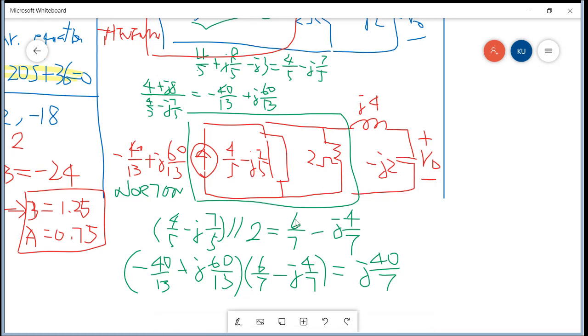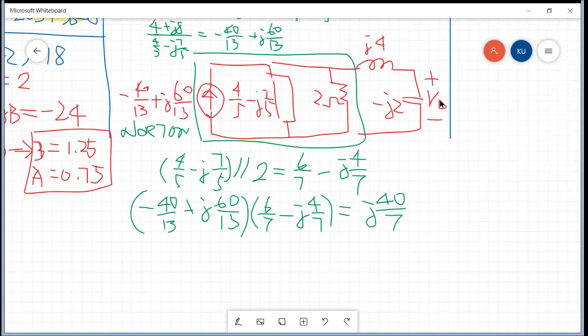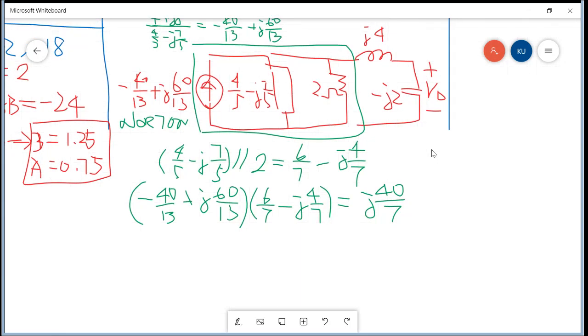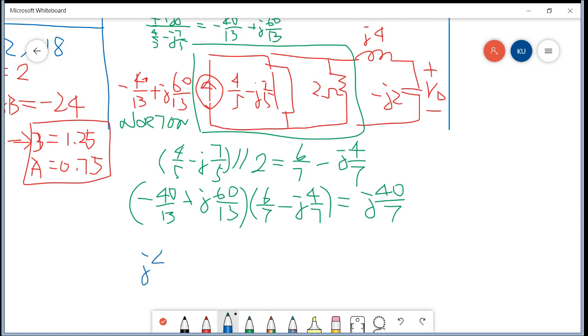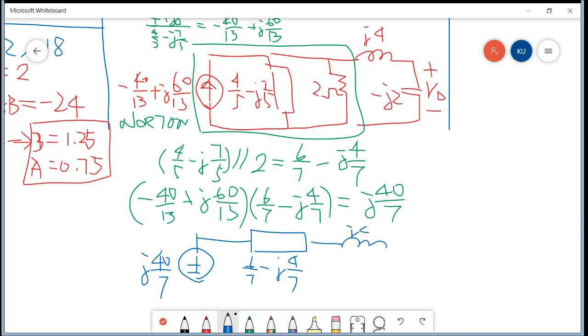So as we convert this Norton equivalent circuit back to definite, it will be J40/7, and then in series with this one 6/7 minus J4/7, and then this is J4, this is minus J2, this is VO.